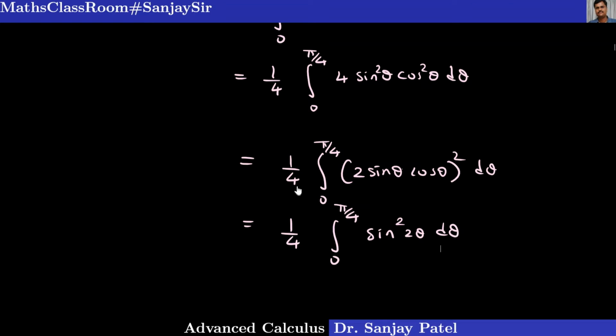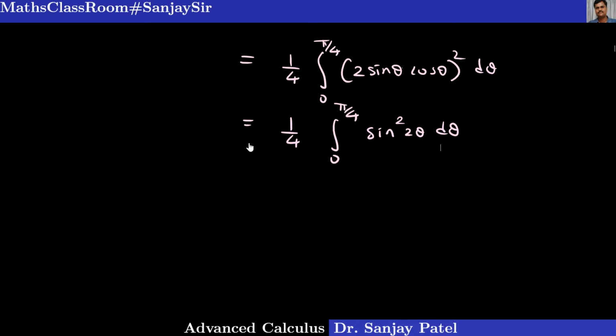Now in this integral I would like to take a substitution, because I don't have any formula for 0 to pi by 4. So if I put 2 theta equal to t, then I may get pi by 2 here. That idea tells us to take the substitution t is equal to 2 theta, and therefore dt is equal to 2 d theta.